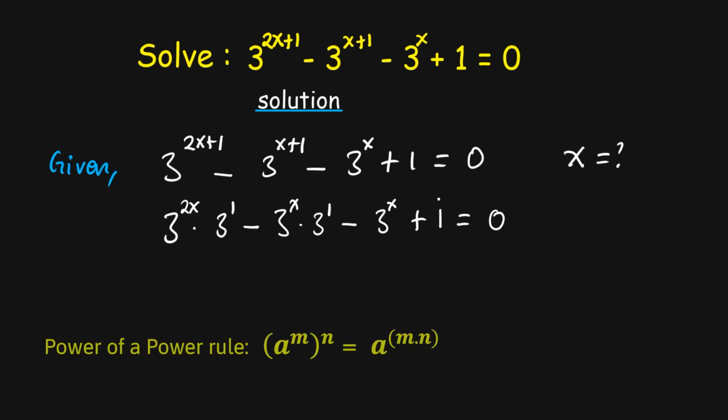Also, from the reverse power of a power rule of indices, 3^(2x) is the same as (3^x) squared.